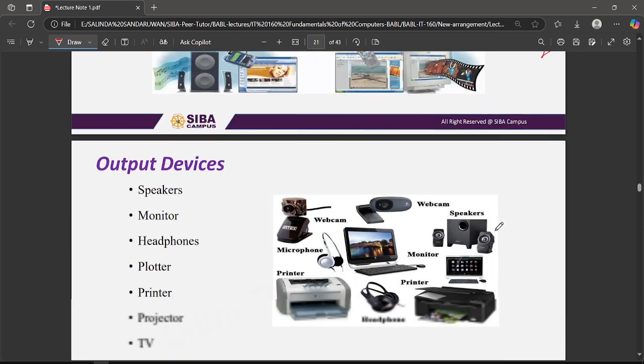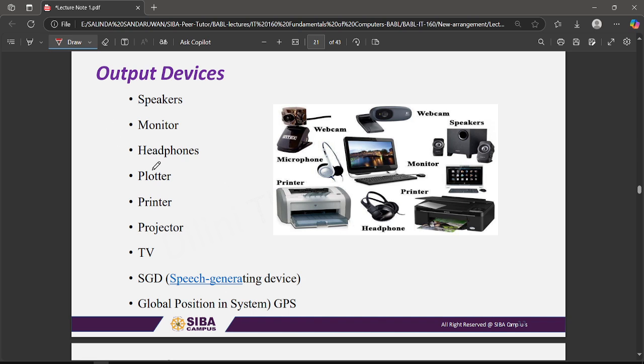Then the output devices: you have speakers to output audio, monitors to output graphics and other things, headphones, a plotter, which we use to print plans, a printer, projector, and TV.